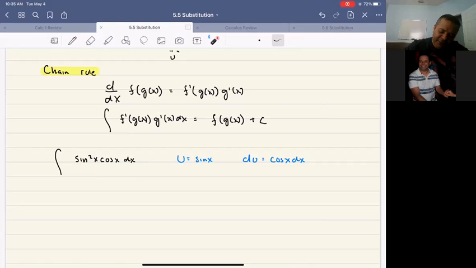Now, that's not really how I teach it. Really what I would say is let's solve to get dx. This isn't, let's say, mathematically correct, but it is correct in the sense that there's a truth here that works.